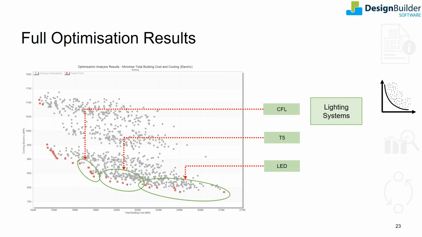Second, within each HVAC system cluster, we have three lighting system subclusters. For example, in this VRF cluster on the Pareto front, we can see the impact of CFL, T5s, and LEDs is much greater in cost than on cooling energy demand, based on the costing information of this project.